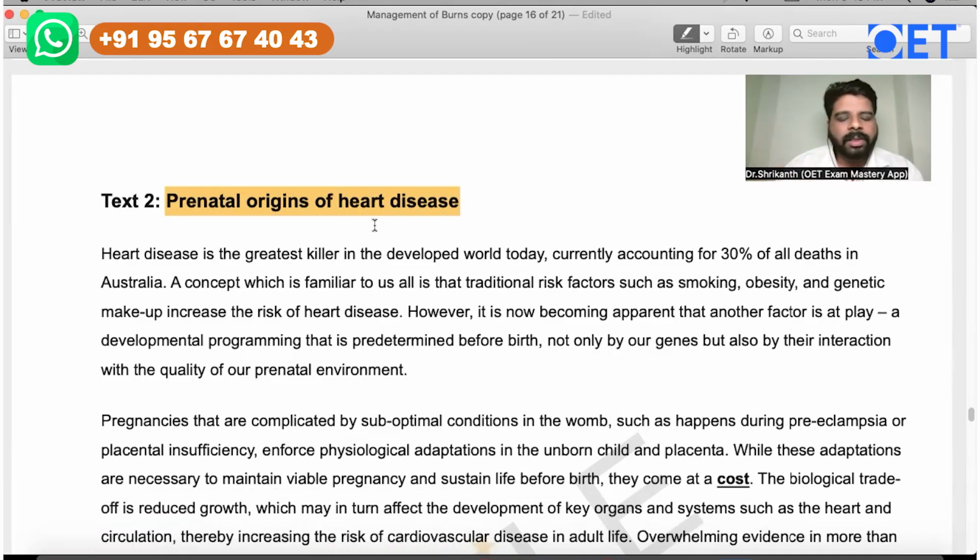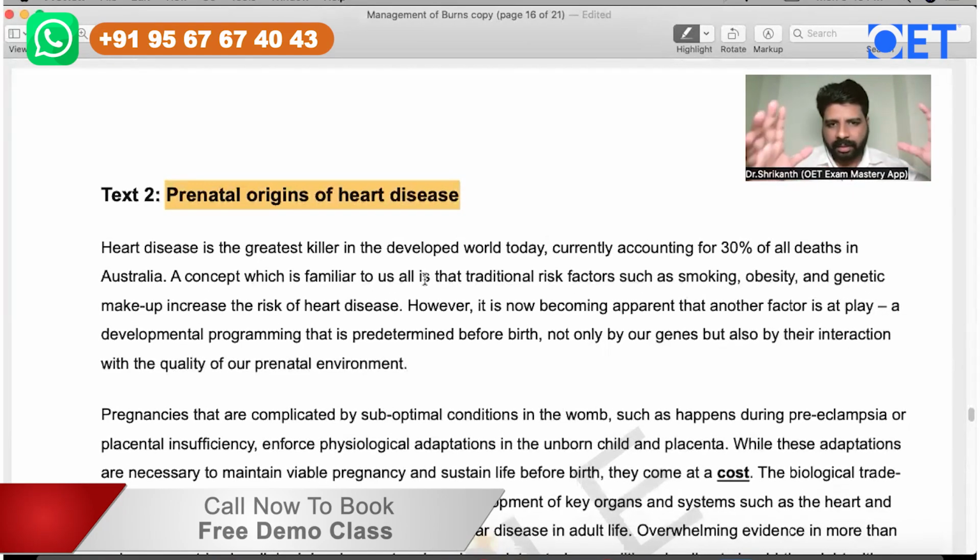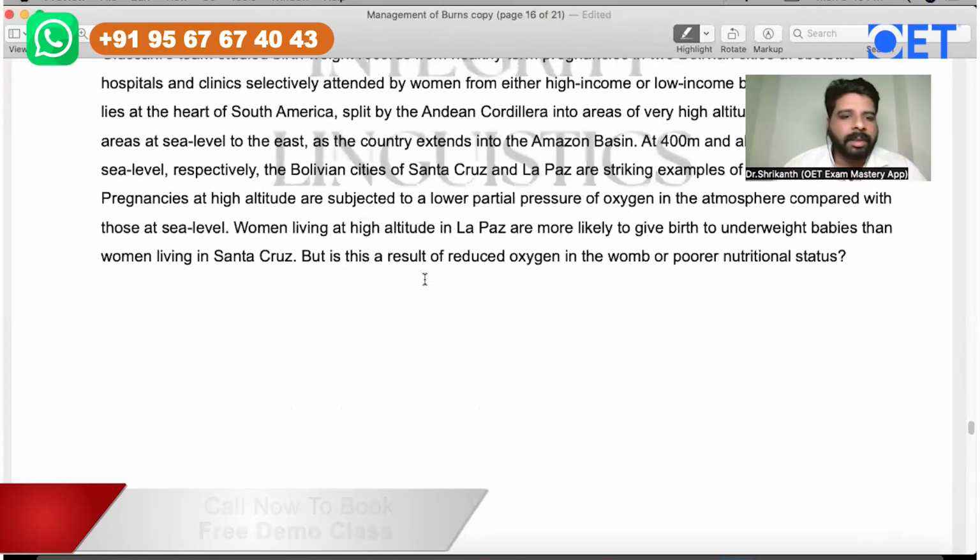It is a very complex topic, and this passage consists of a lot of theories, experiments and studies. Let's see how it is.